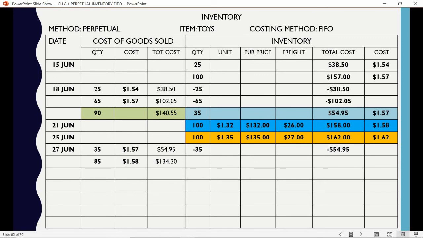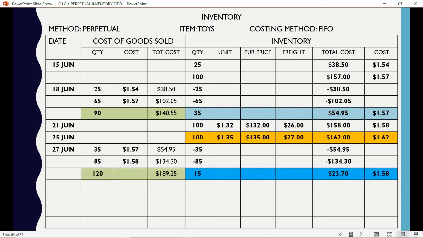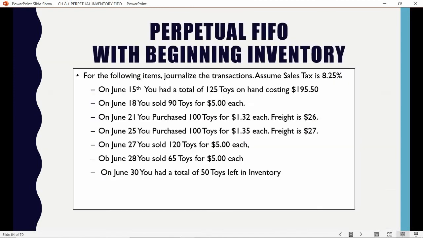So in this case, 120 minus 35 gives me 85. So 85 at $1.58 is going to give me $134.30. And once again, that's going to be taken out, and that means I have 15 units left in my blue batch. And I still have 100 left in my orange batch.